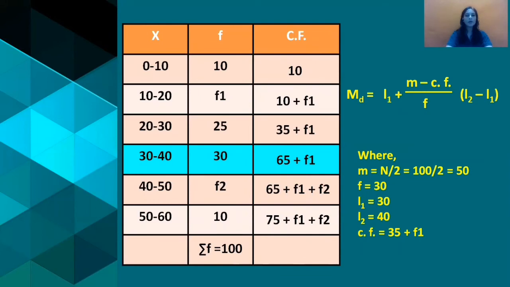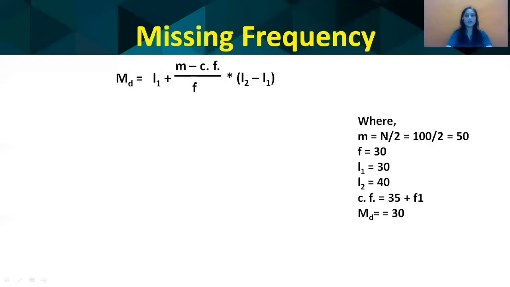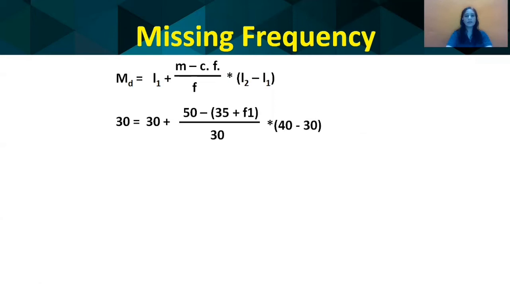Now we will replace all these values in the formula. So here I am writing the median, which is given in the question, that is 30. So we can write here 30 equals 30 plus (50 minus (35 plus F1)) divided by 30 into (40 minus 30). Now we can simplify this. Firstly we will solve the last term, that is 50 minus (35 plus F1).